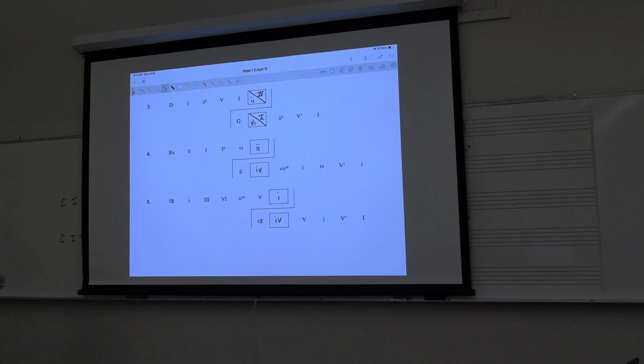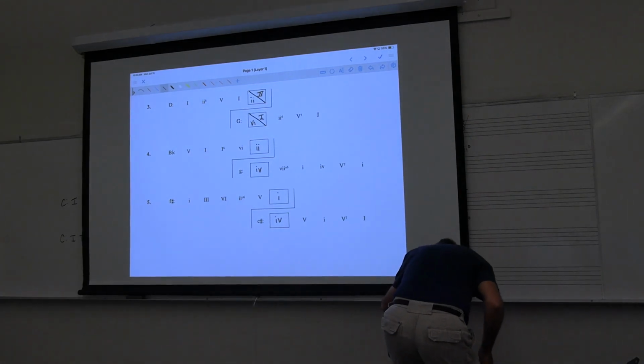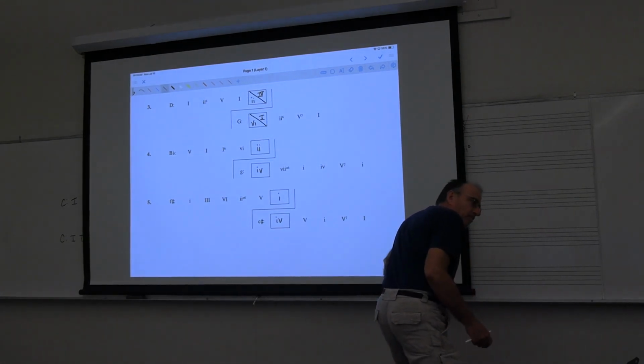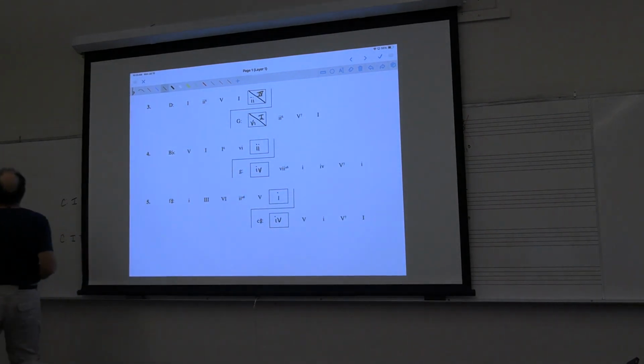So if I'm in G minor, the 7 diminished 7 is an F sharp diminished 7th chord, right?